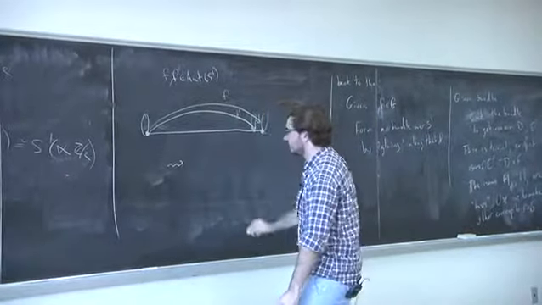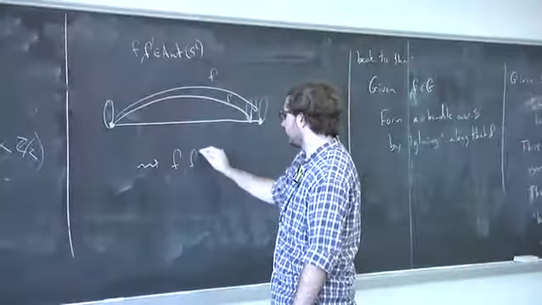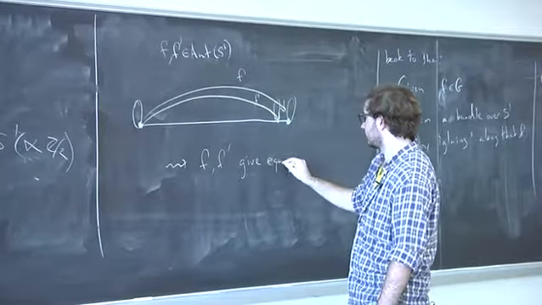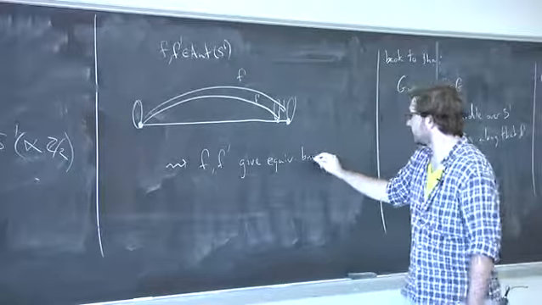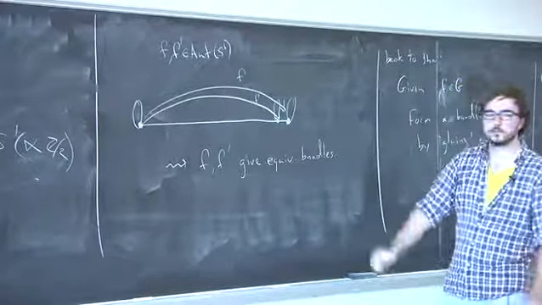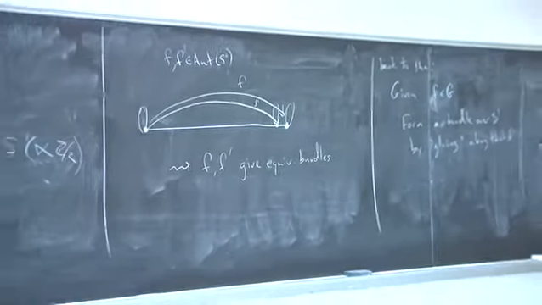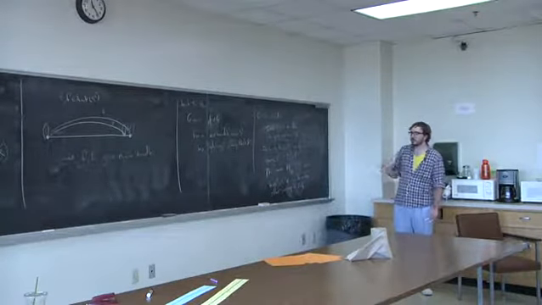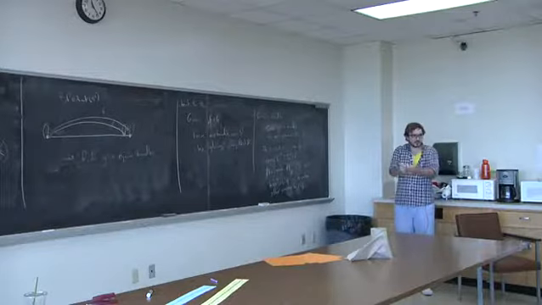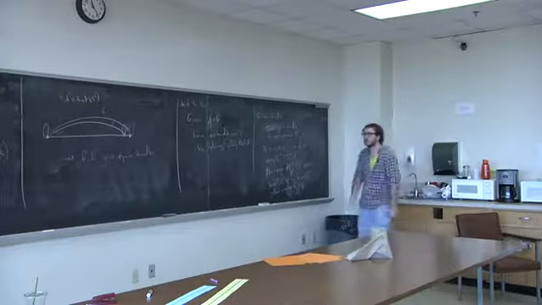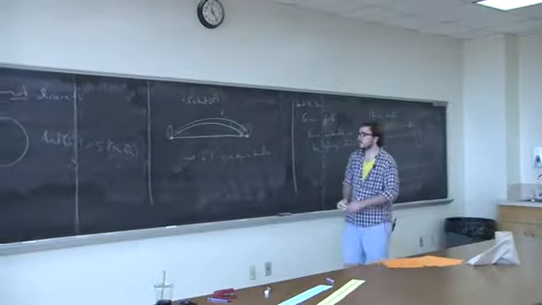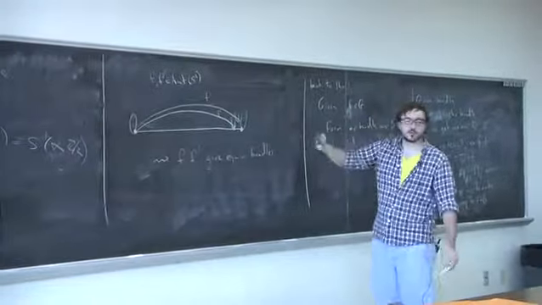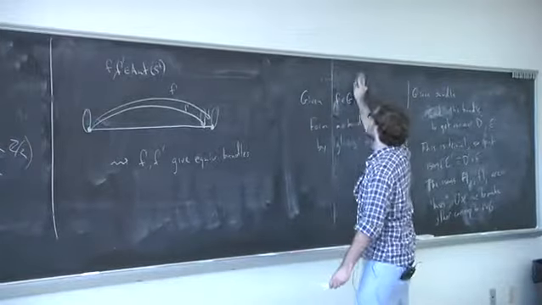And without getting into too much detail, f and f prime give equivalent bundles. Okay. So this is an example of a very general principle at play here, which is that everything here is invariant under small perturbations or homotopies. And what this essentially gives us, if we go through and run the same argument, is the following statement.